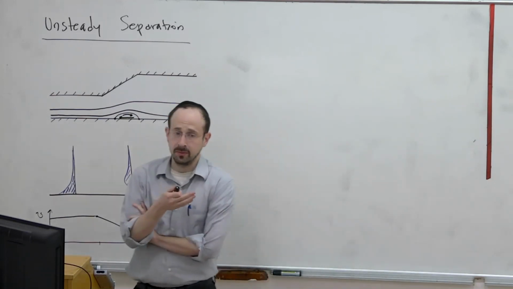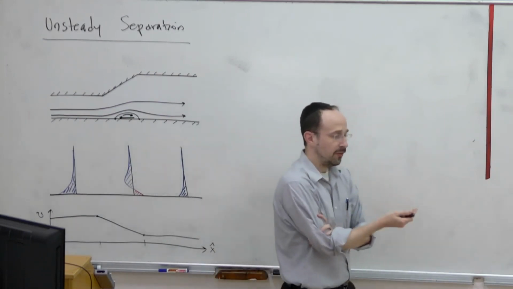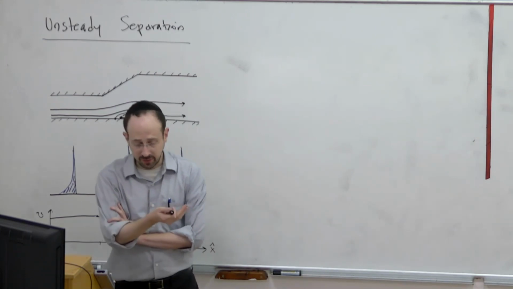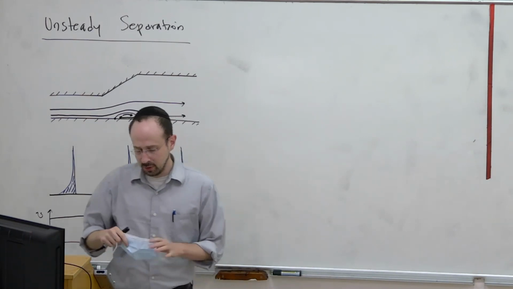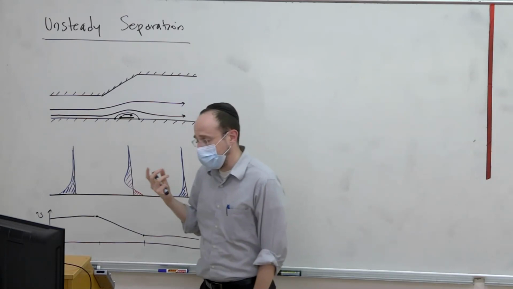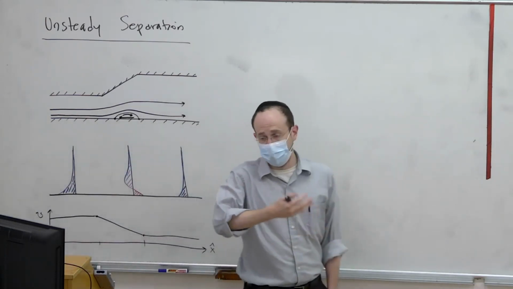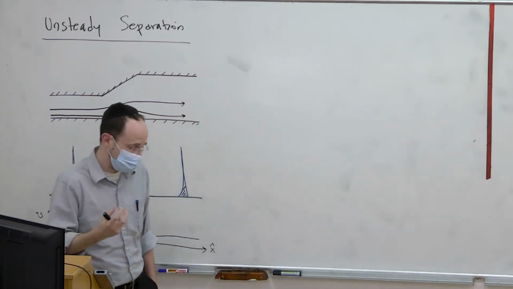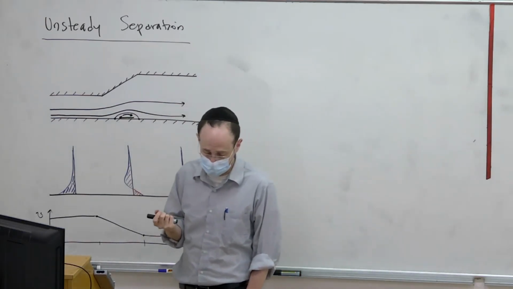If you have an excess of advection of vorticity downstream, you're going to have to create a very strong vortex sheet at the wall in order to cancel this excess vorticity. And that vortex sheet, as it gets stronger and stronger, eventually will cause a change in sign of vorticity, which is what causes the separation.